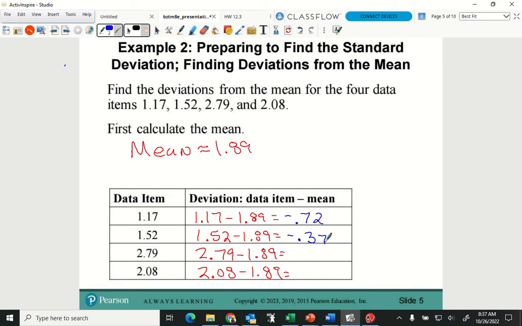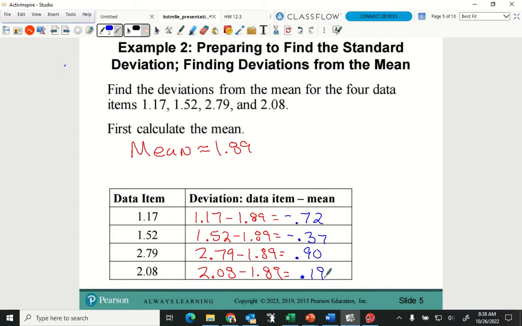Next one should be a positive, right? So we get 0.90. And my last one, 0.19. All right, that's my deviation.